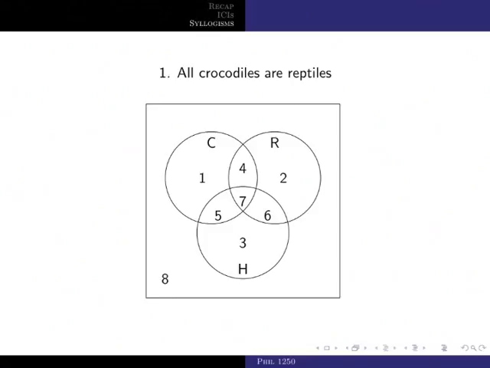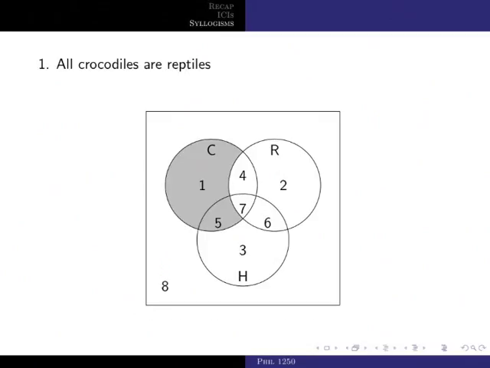In this case, S is crocodiles and P is reptiles. We can see that C is divided into 4 areas: 1, 4, 5, and 7. Out of those, exactly 2, 1 and 5, do not overlap with R. So those are the ones we shade. And here we have the representation of all crocodiles are reptiles.